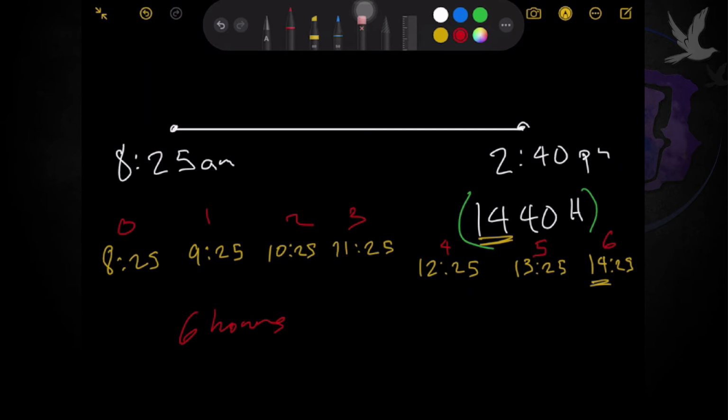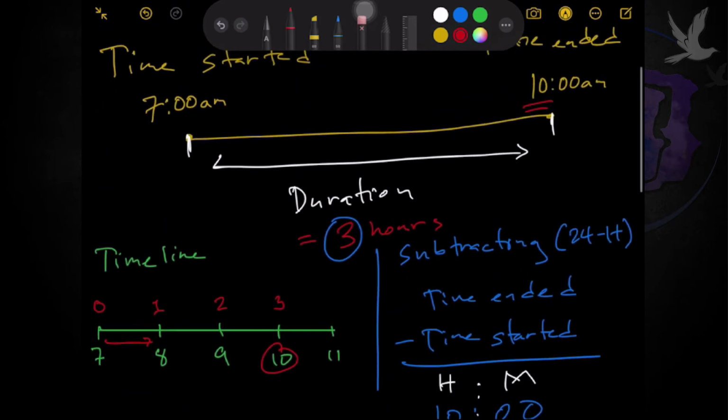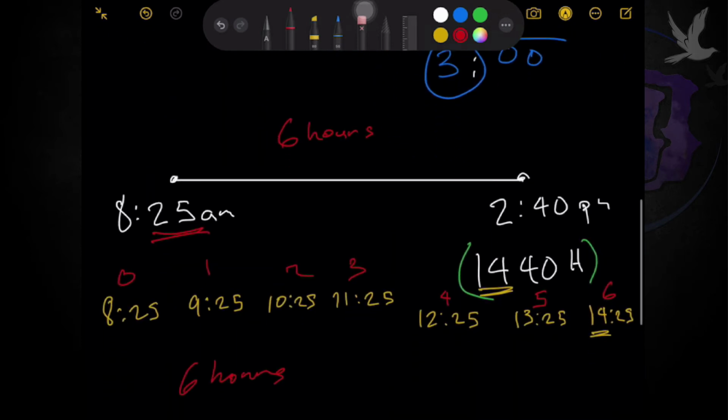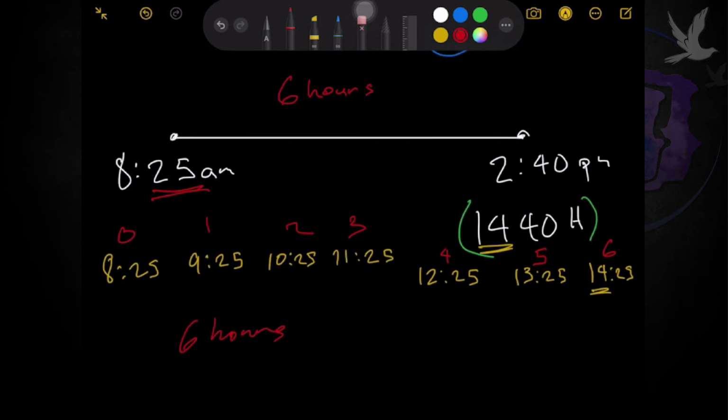Is this our answer? Not yet. Why, teacher? Why is that not our answer yet? Because if you notice, our time ended is not the exact minutes. Unlike earlier, 0, 0. That is easier to solve compared to this one. If you notice, our time started is at 25, our ended is 40.